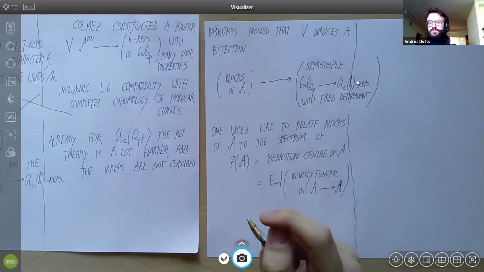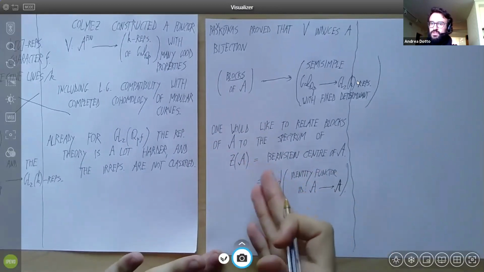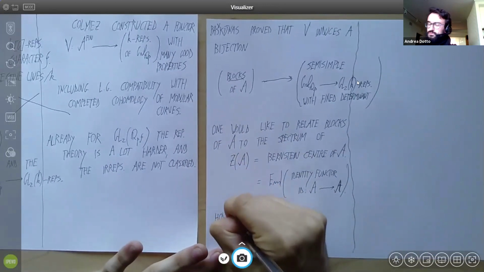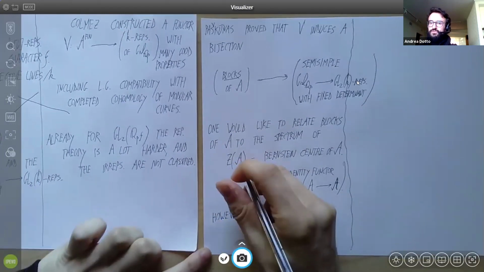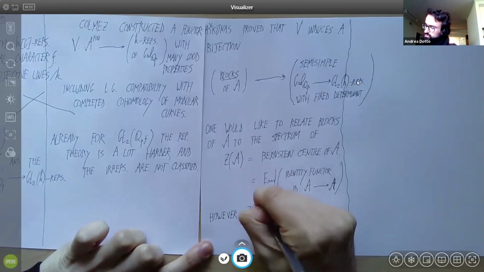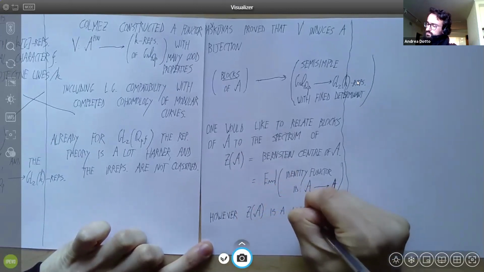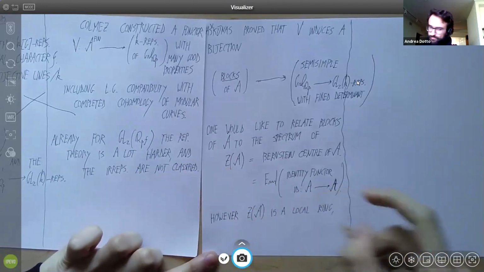And in general, one would like to relate the blocks to the maximal ideals here. But in this case, there is a complication because we can actually prove something about what the center is. And this is very much different from the situation in characteristic zero theory. So it turns out that the spectrum of this ring is very small because this is just a local ring. Of course it doesn't have many maximal ideals.